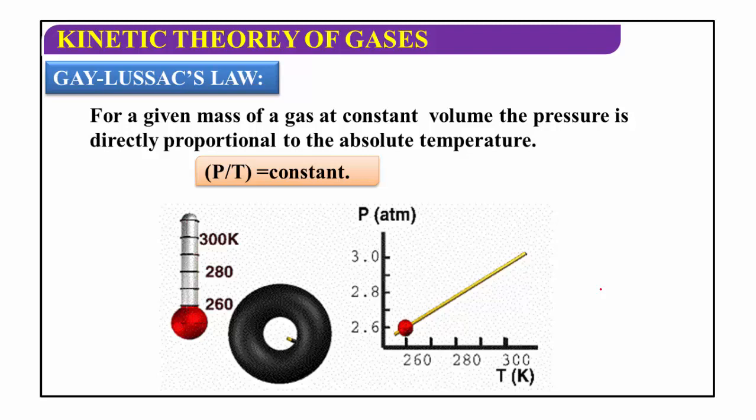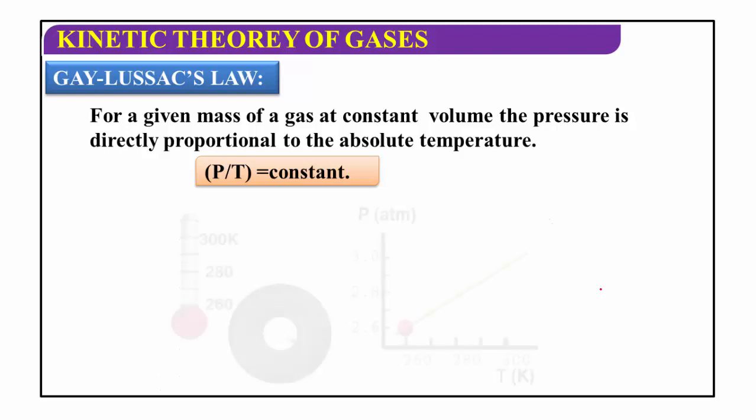For a given mass of a gas at a constant volume, there is no change in the volume, but the pressure is directly proportional to the absolute temperature.